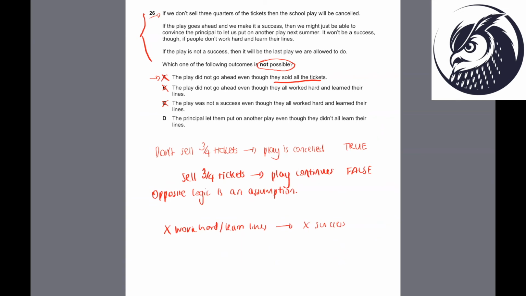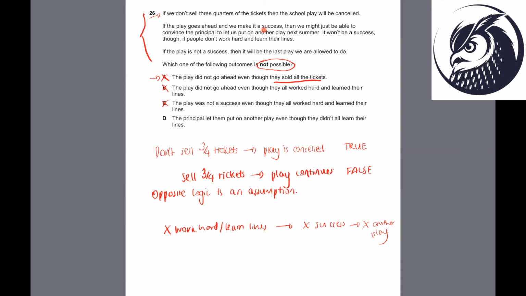And we know that if it's not a success, then there's no way the principal will allow another play. Because we can read that if they do make it a success, then they might have a chance of convincing the principal to put on another play. So if the play is not a success, then the principal won't even think about putting on another play, right?